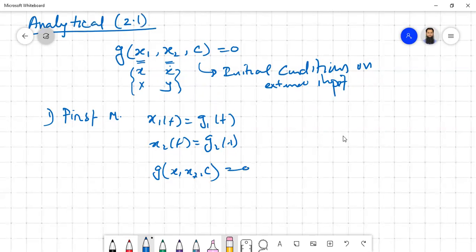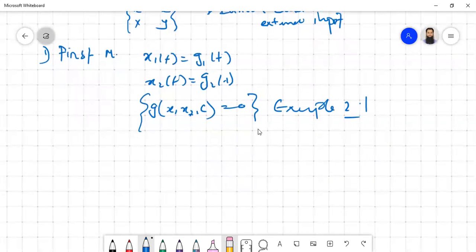This is what you did in example 2.1. We found some solution with sine t and cos t, and ultimately we have a relation x1 squared plus x2 squared equal to x0 squared, the initial condition, something like that.